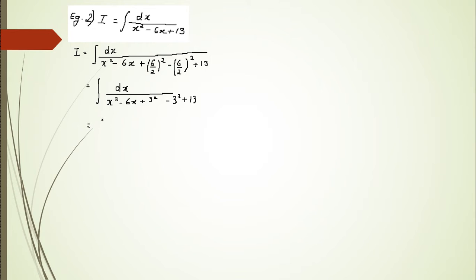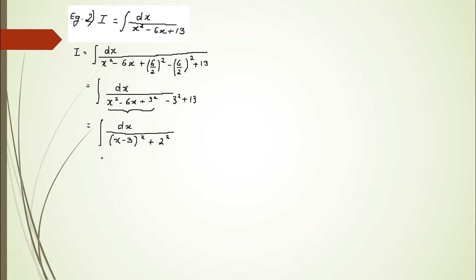This will give me integral dx divided by, now this portion can be written as x minus 3 whole square, and the remaining will give me 4, which is nothing but 2 square.